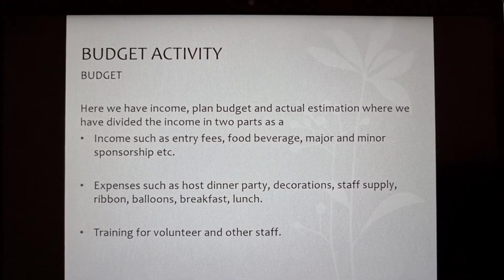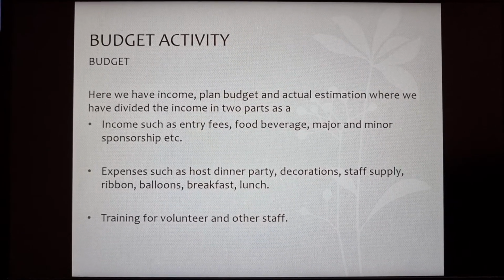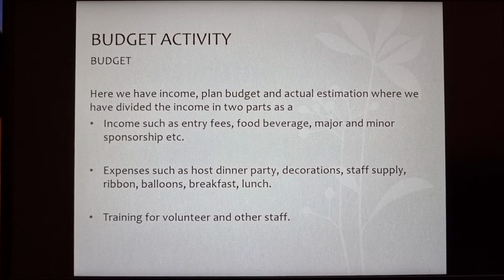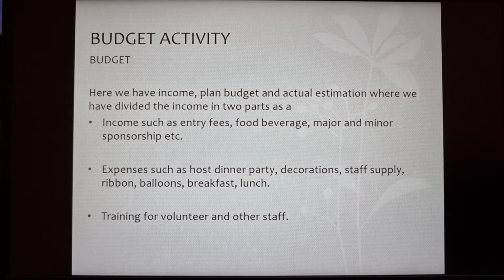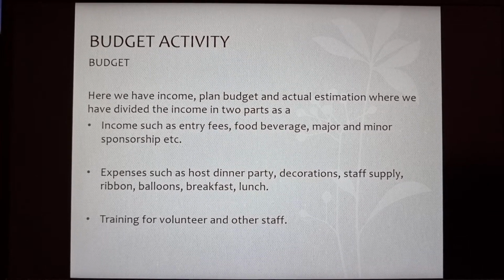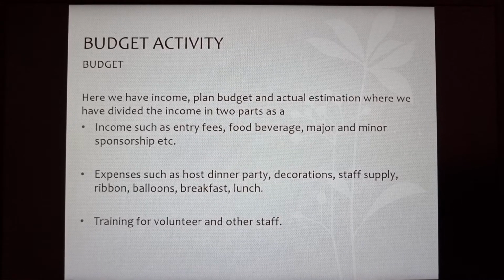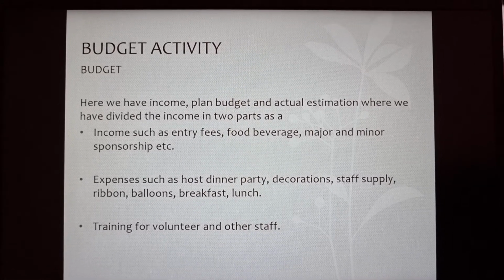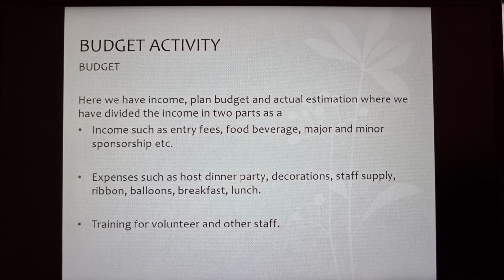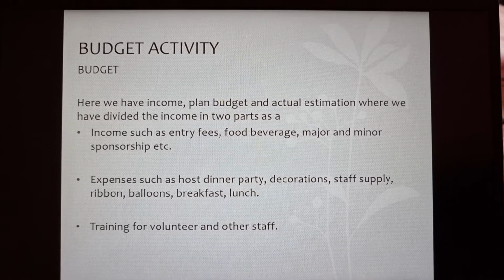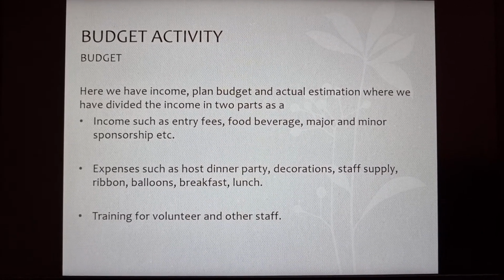The budgeting activity that we need to do during this time is based on two parts. One will include all the income that we receive from these events, while the other part will include the expenses. The income part will include things like entry fees, sales of food, selling hot and cold beverages, as well as sponsorship that we receive from major businesses around the community.